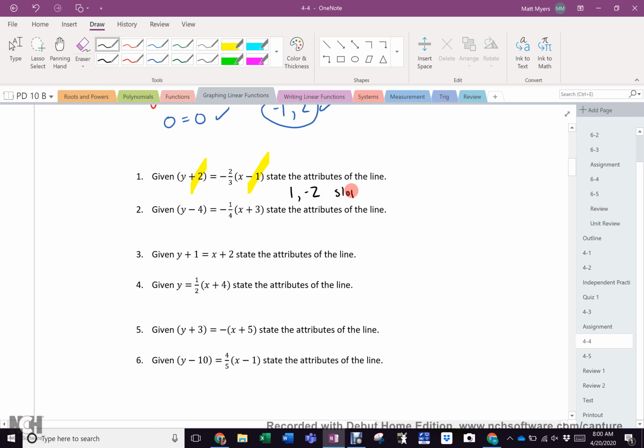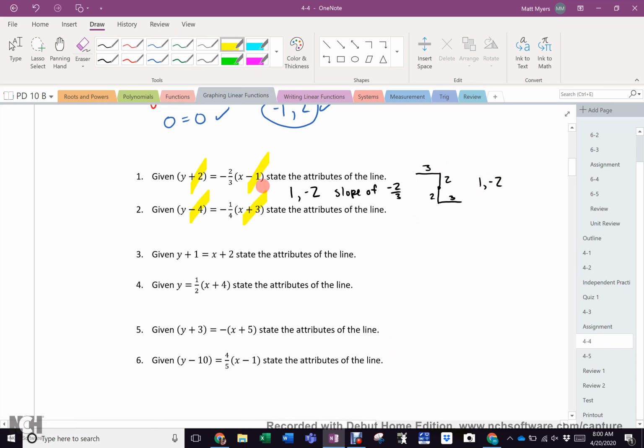And it has a slope of -2/3. So I go to 1, -2, and I go up 2, and that way 3. Or down 2, and that way 3. From 1, -2.